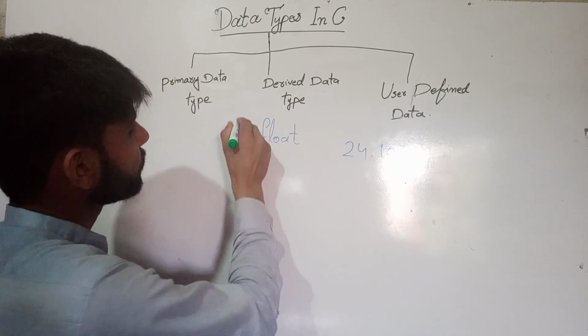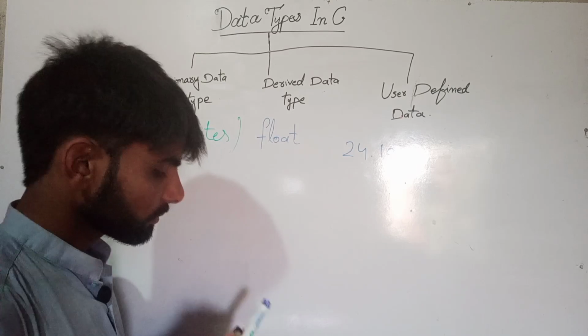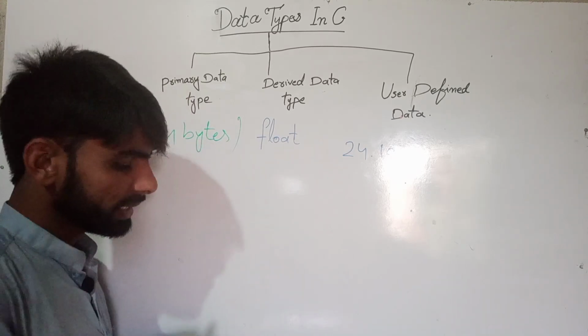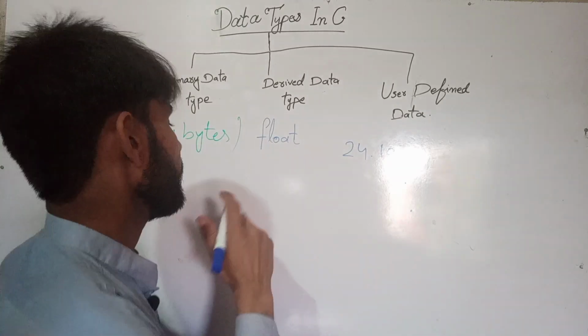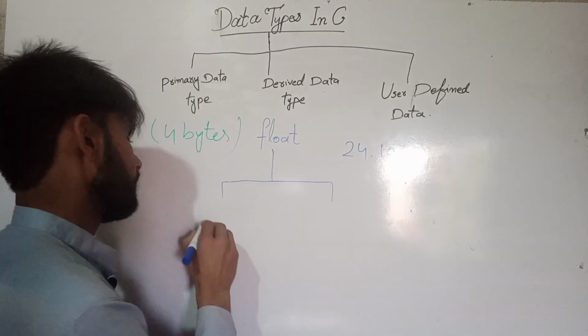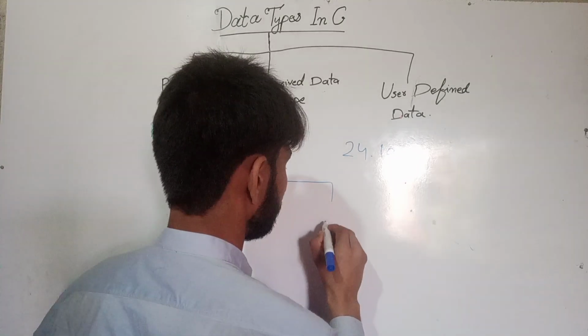Float takes 4 bytes in memory. And float is further divided into two data types, long and double.